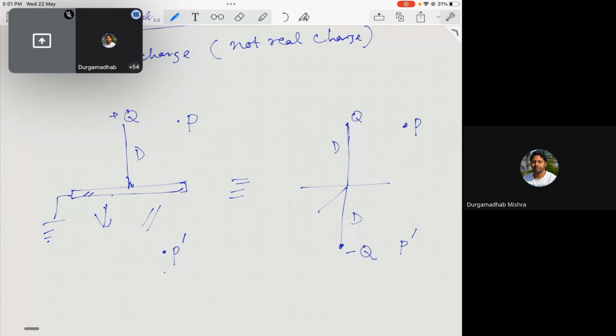I want to find the potential in this region. So creating a minus q charge here, like I have created, is acceptable and is not going to affect anything. But if I want to find the potential in this other region, I cannot use the method of images. This is the constraint I have.